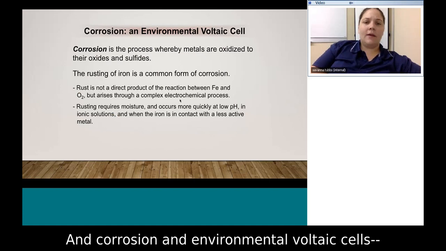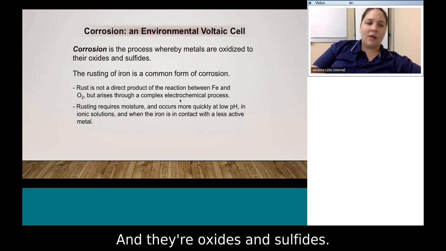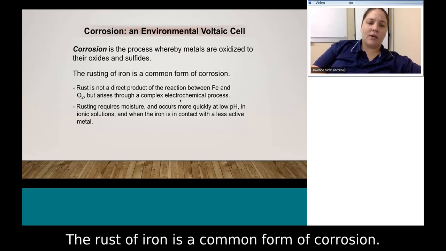And corrosion and environmental voltaic cells. Corrosion is the process whereby metals are oxidized to their oxides and sulfides. The rust of iron is a common form of corrosion.